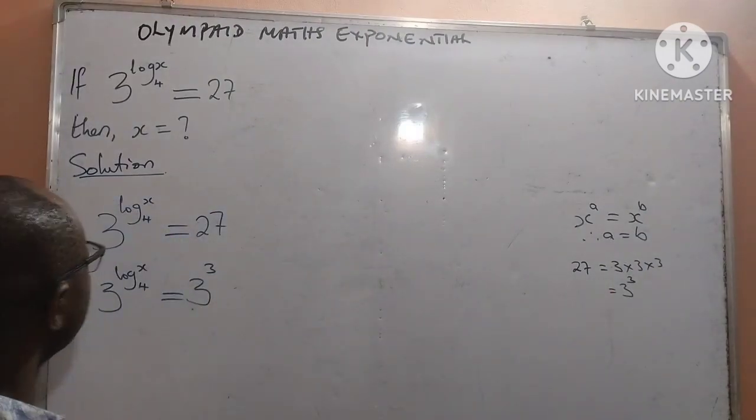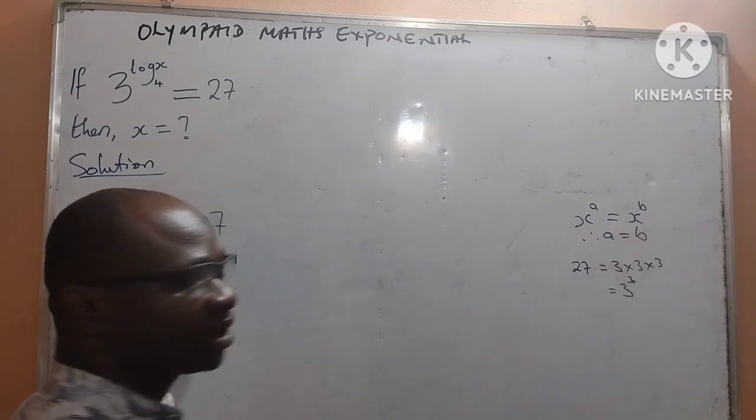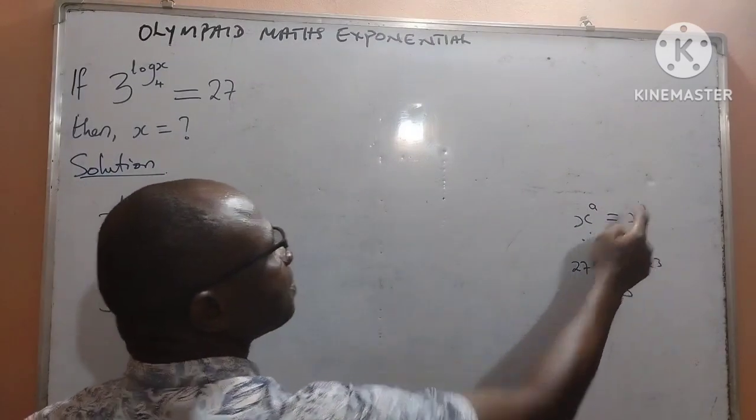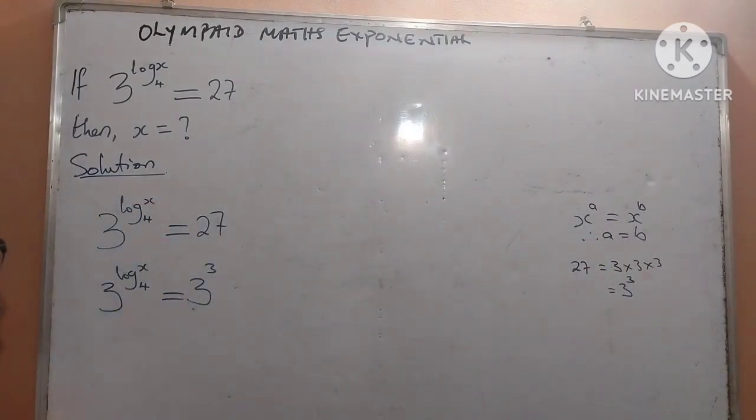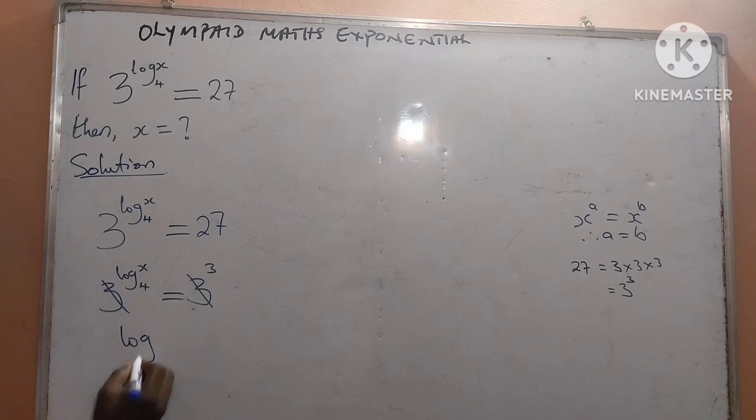It is a law in indices that when the bases are equal, the powers become equal as well. Therefore, we cancel out the bases and have the powers written equal. Now we have it as log x base 4 equal to 3.